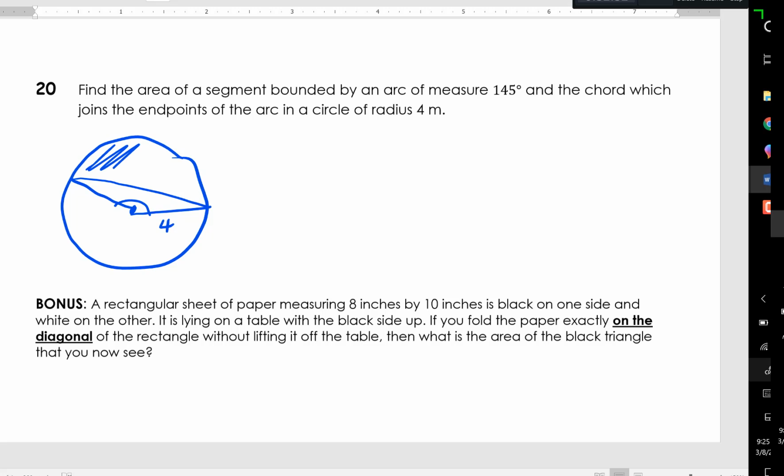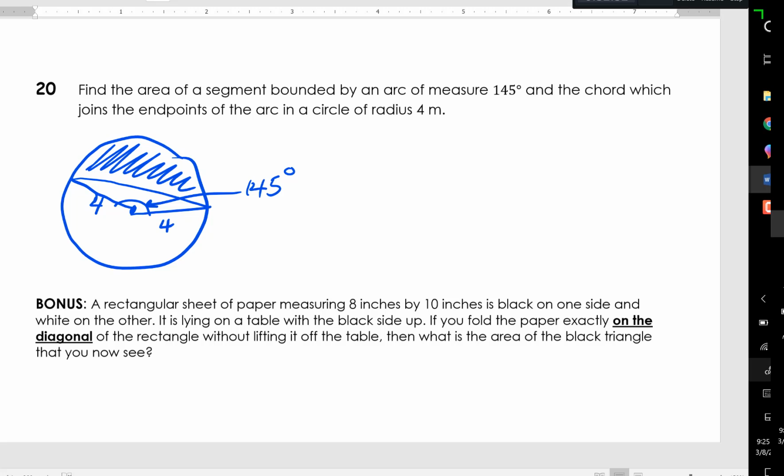The segment is this. All right, so to figure out the area of that segment, you're going to have to find the area of the sector, the piece of pie, and then you're going to have to subtract the area of this triangle, this isosceles triangle whose equal sides are 4.